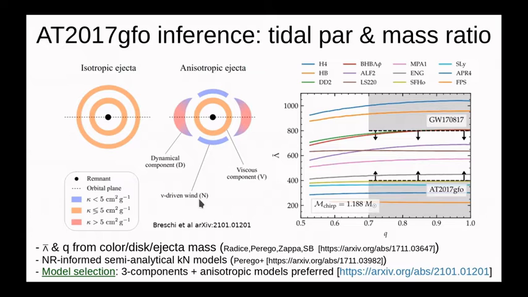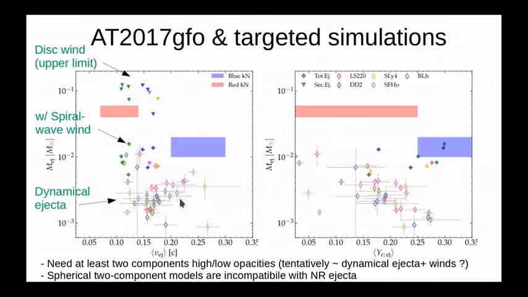Okay, and this is interesting because these results are from a pure Bayesian analysis, but they are compatible with what we observe in simulations. So we have run a number of simulations with the same chirp mass as the event, a different equation of state and mass ratio. We have calculated the ejecta and the kilonova, and here are some summary plots for the ejecta properties: mass, velocity, and electron fraction.